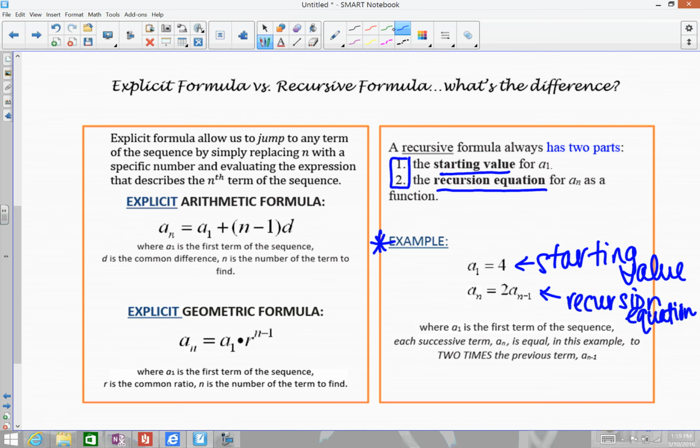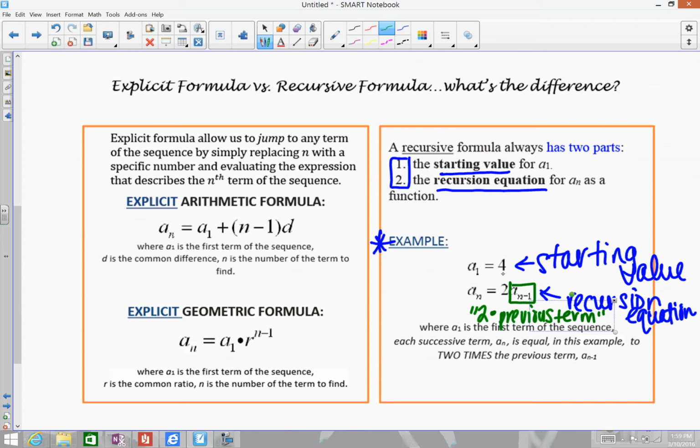Really what this is saying is 2 times a sub n minus 1. If you compare a sub n minus 1 to a sub n, this is the term before. So this part in green really means the previous term. And since there's a 2 in front, this stands for 2 times the previous term. A sub n minus 1 means the previous term.